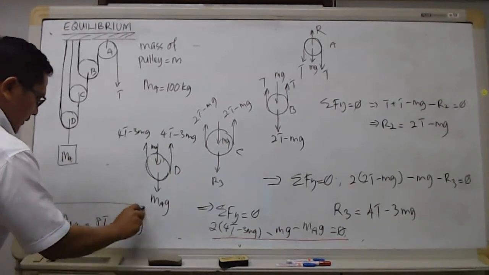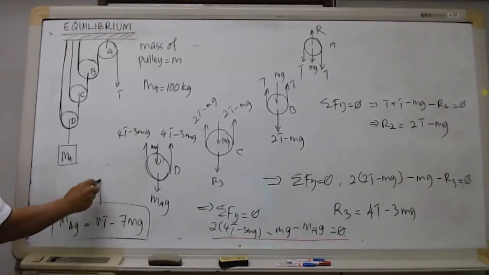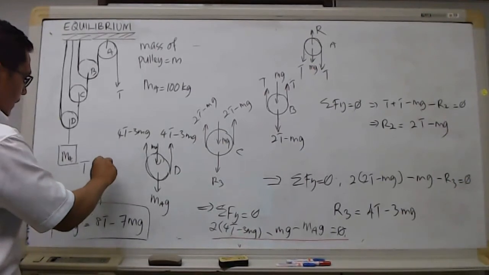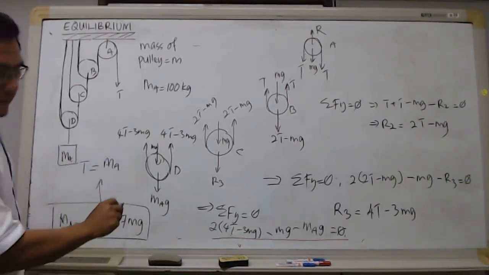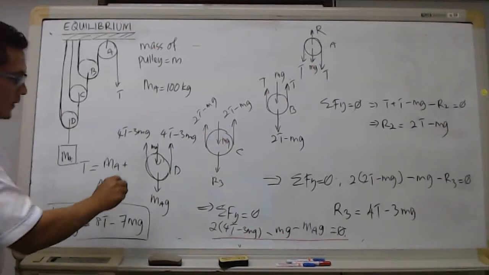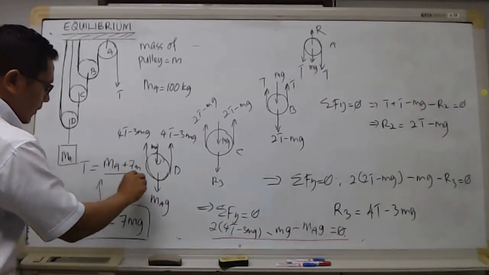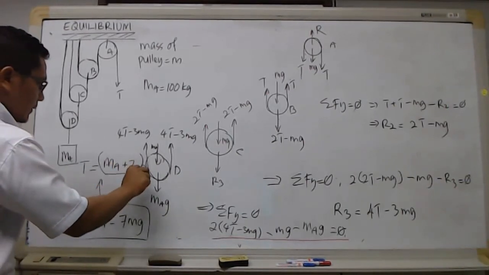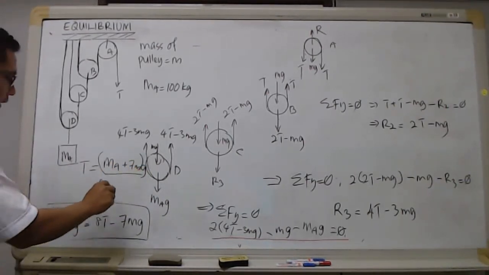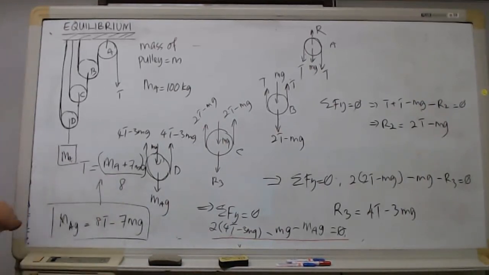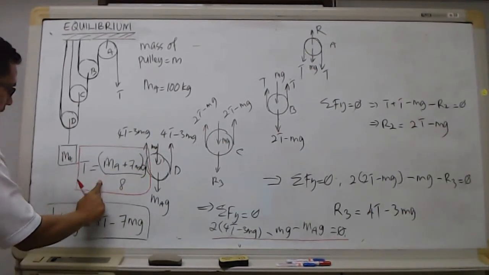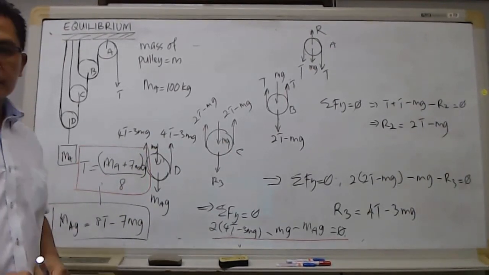So from here you can determine that T is equal to M_A minus 7m, times g, over 8. Sorry about this messy thing. So this is your answer. Okay?